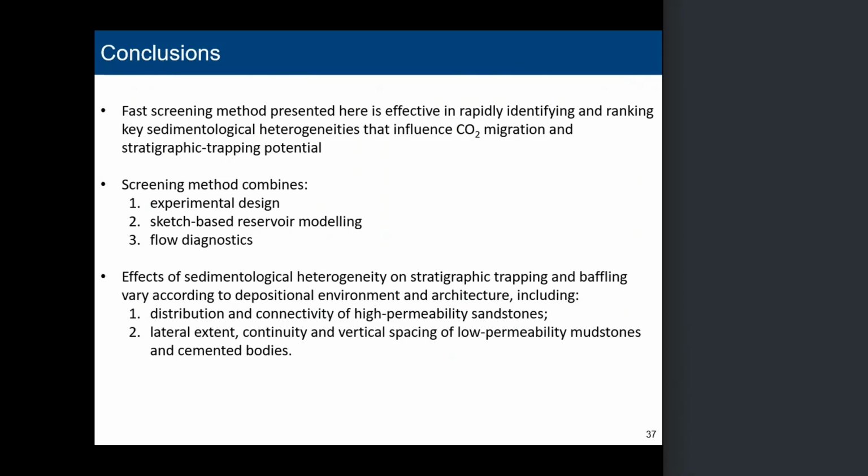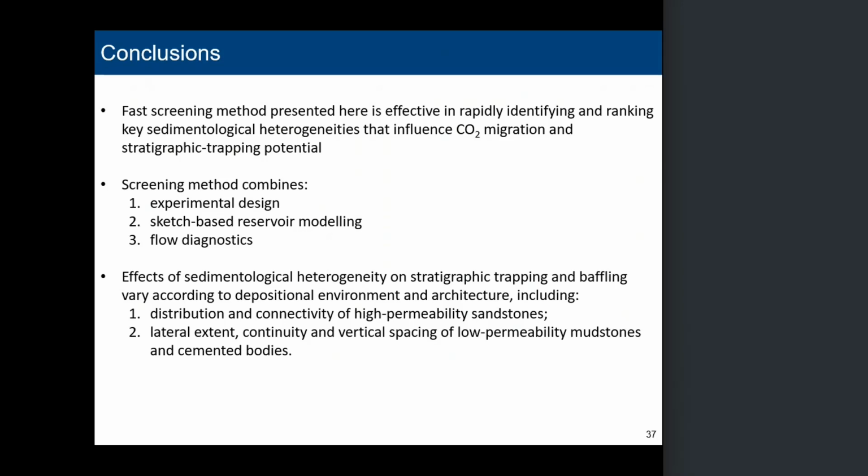There are 3 elements in there: the experimental design to cut down the number of models we look at, sketch-based models, tools that allow us to build models quickly, and then flow diagnostics. Again, quick computational tools which allow us to pull out meaningful results in terms of flow, although all at a screening and prototyping level.